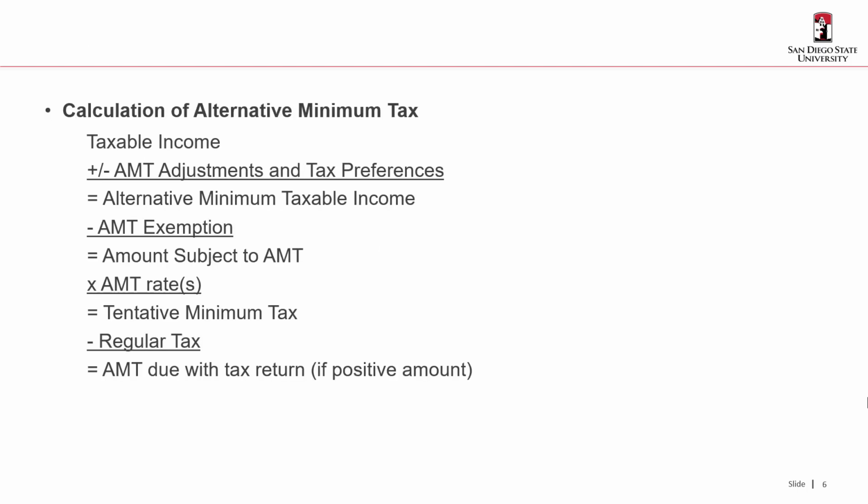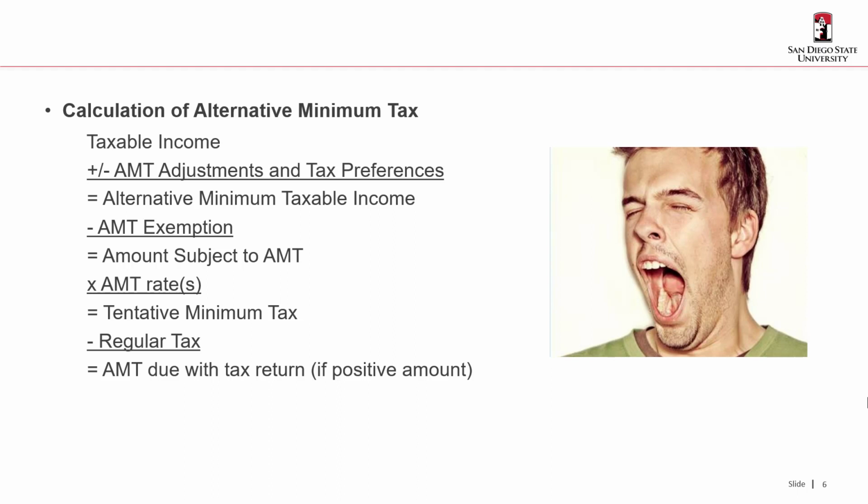So here is, in summary, what the AMT calculation looks like. You start with taxable income. You have any AMT adjustments and tax preferences that you add or subtract. That gives you AMTI.